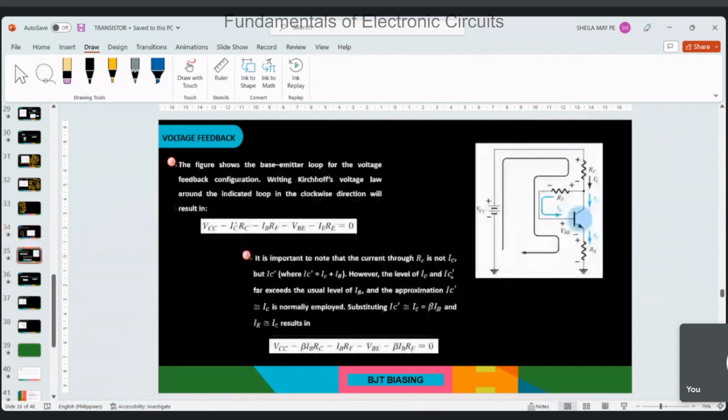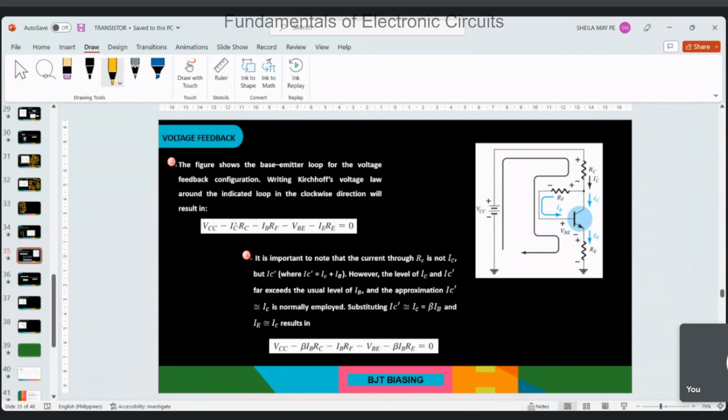Okay. Now in here, the figure shows the base emitter loop for the voltage feedback configuration. Writing Kirchhoff's voltage law around the indicated loop in the clockwise direction will result in VCC minus IC bar RC minus IBRF minus VBE minus IERE.